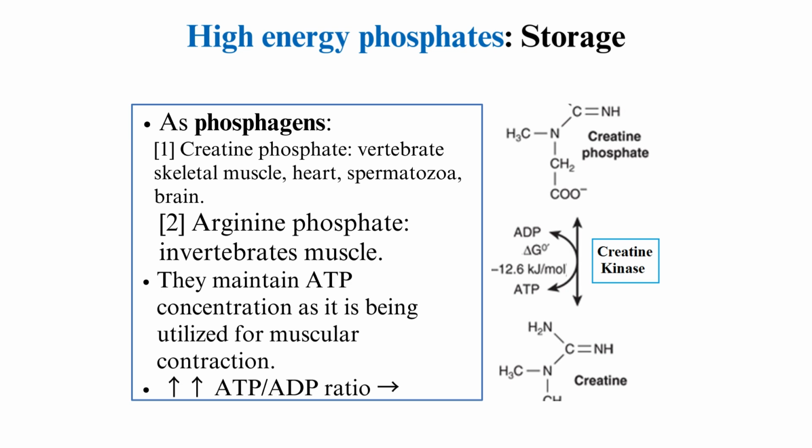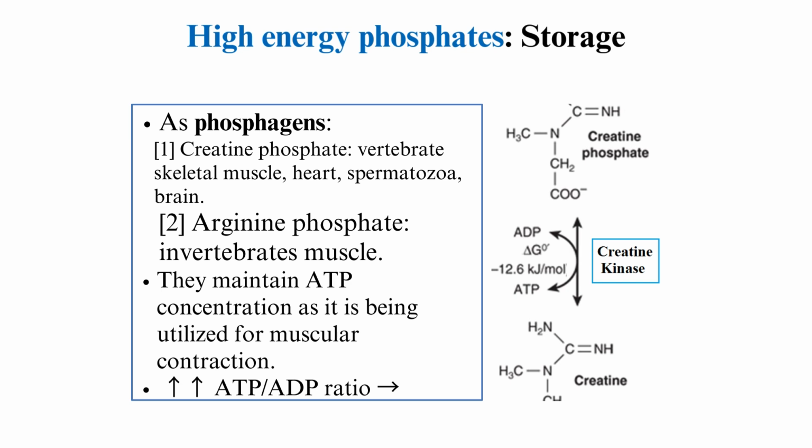The phosphagens as high energy phosphates include creatine phosphate, which is a high energy phosphate of vertebrate skeletal muscle, heart, spermatozoa, and the brain. While arginine phosphate is found in invertebrate muscles, they maintain the ATP concentration that is being used for muscular contraction.